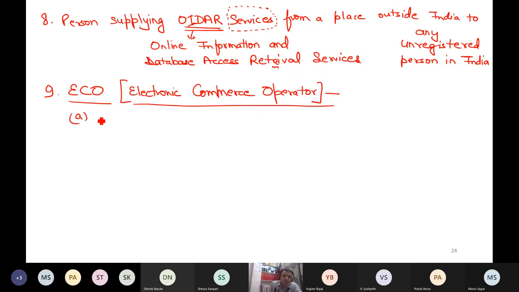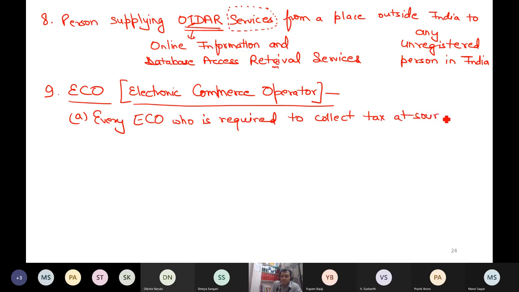Every ECO who is required to collect tax at source, section 52.